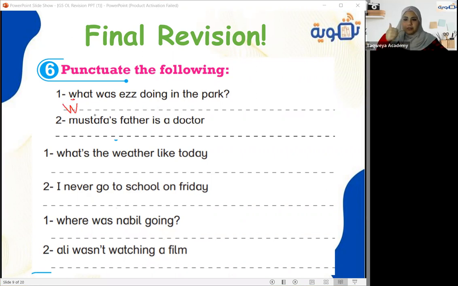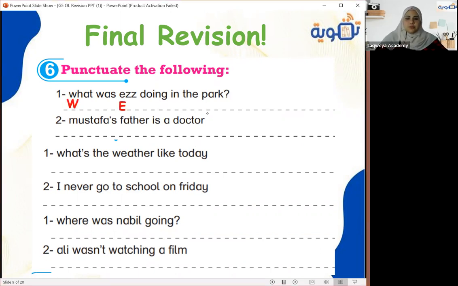Always start your sentence or question in a capital letter. Then, what was Az? Az is a person. That's a proper noun. Proper noun means a name for something, like Az, Ahmed, Hala. What was Az doing in the park? And then you already have a question mark, so no need to write it.